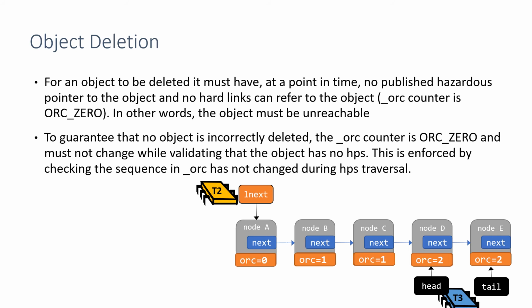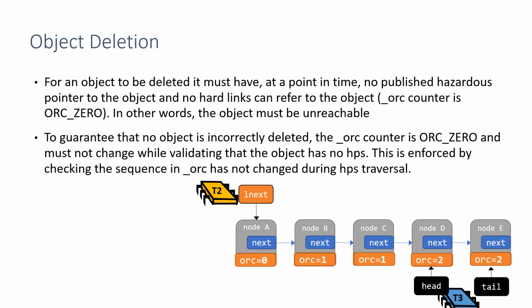There is still another pointer published for node A at T2. Once this local reference disappears, then node A can be deleted.